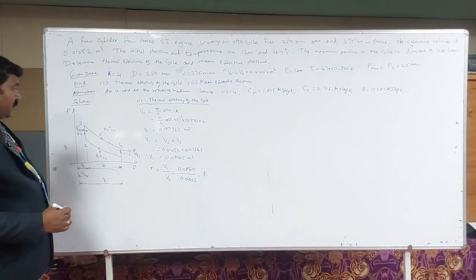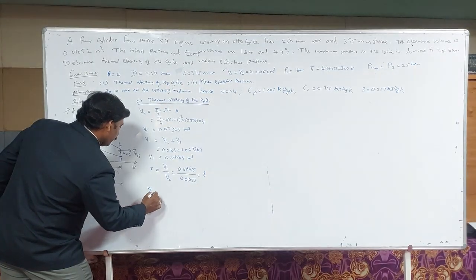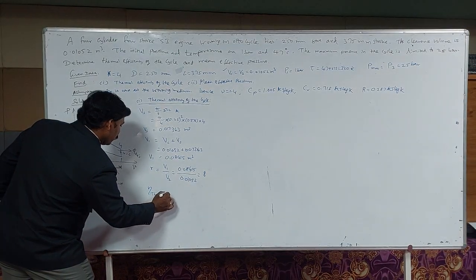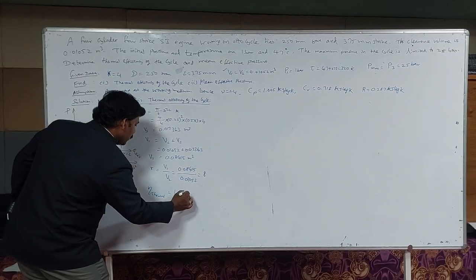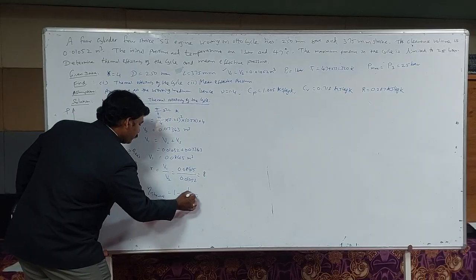Once we get the compression ratio, then we have to find out the thermal efficiency. The thermal efficiency of an Otto cycle is equal to 1 minus 1 by R power gamma minus 1.